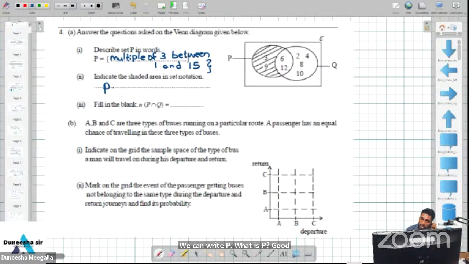What has been subtracted from P? The difference P minus Q. We can write it as P intersect Q dash. Okay, write it down.